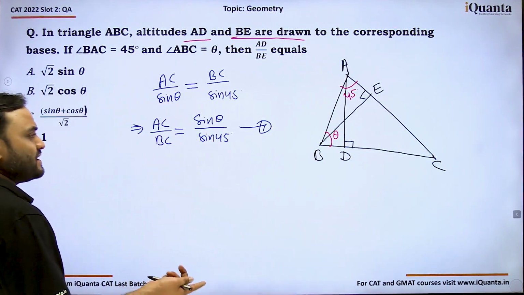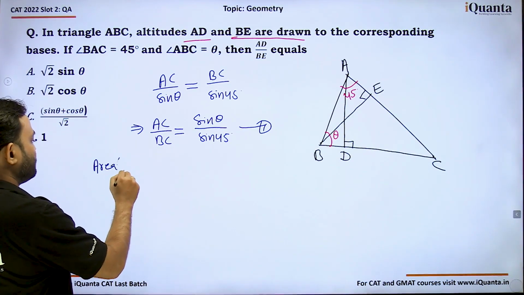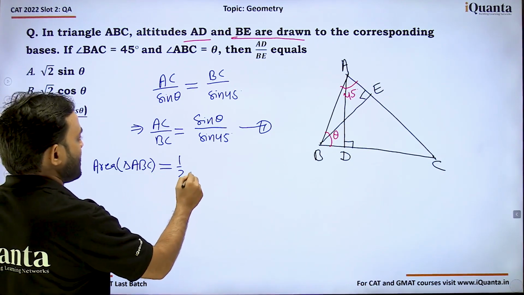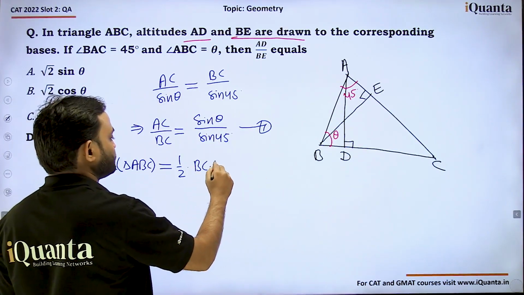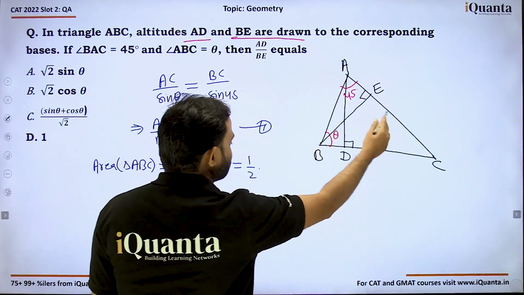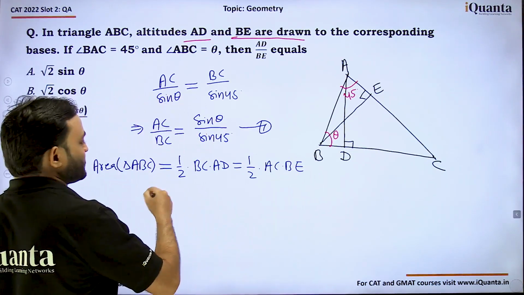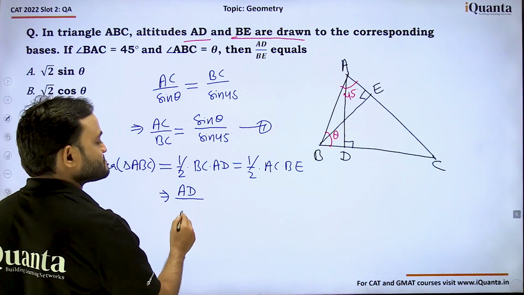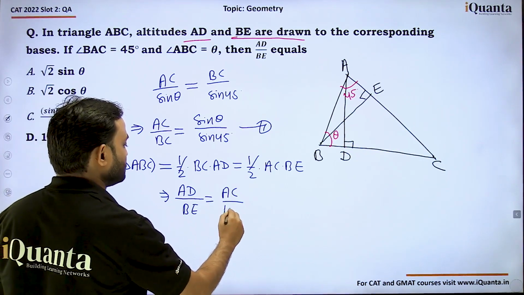Now if we compare the area of this triangle, what we can say? Area of triangle ABC will be equal to half into AD into BC, and this should also be equal to half into AC into BE, right? So from there, half cancelled out, we can say AD upon BE is equal to AC upon BC.